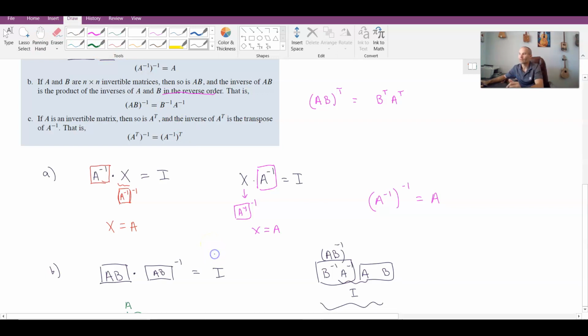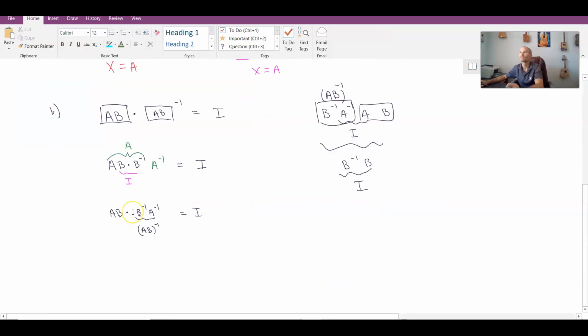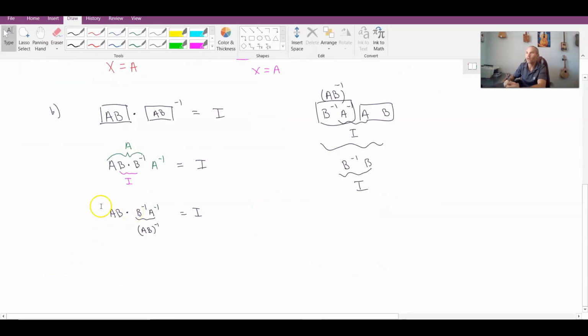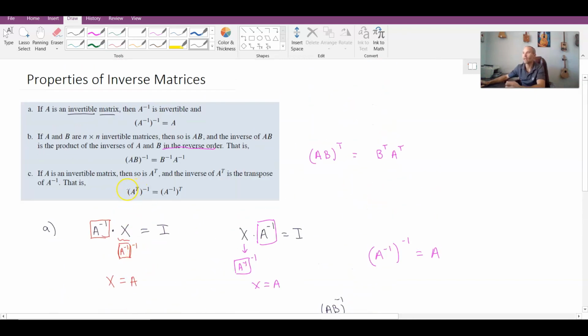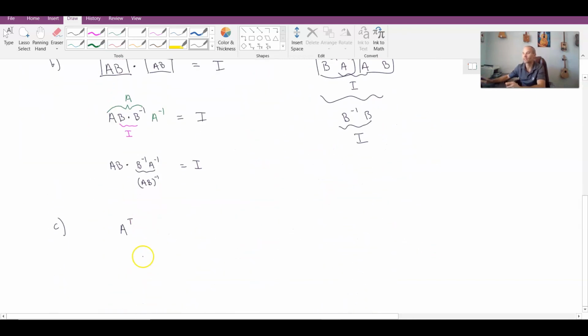So again, we're going to make kind of this funky looking argument. We want to find the inverse of A transpose, right? So we want to say, what is the inverse of A transpose?